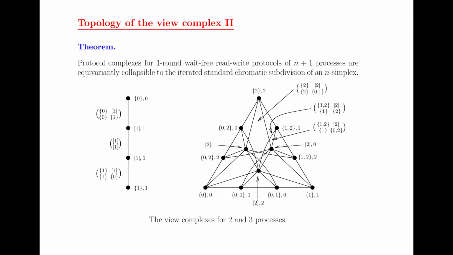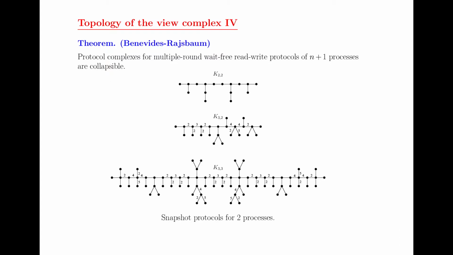You can also go in a different direction, and recently people went in the direction of Benavides-Raussbaum, where they only look at what is going on with two processes and do multiple rounds. You get graphs, but they're quite complicated. And they prove that you get collapsible spaces.